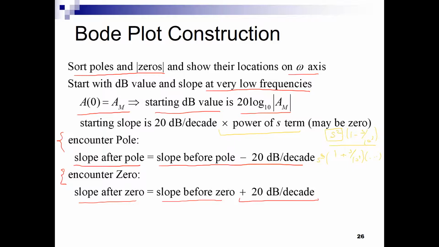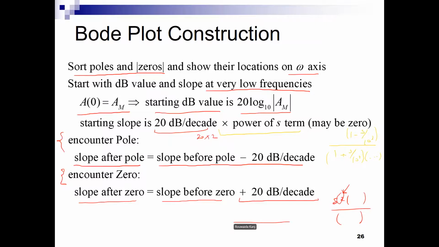It's a very special case we will encounter towards the end of this part, or later an example that satisfies it. But if I have s squared times something over something, I have two zeros, so the power of s is 2, and then the starting slope is 20 times 2.